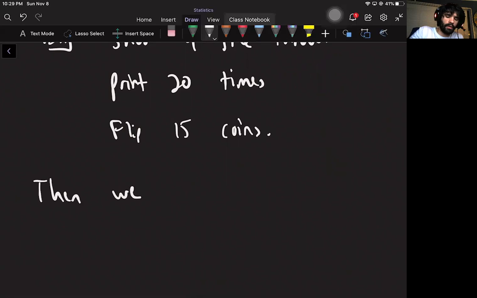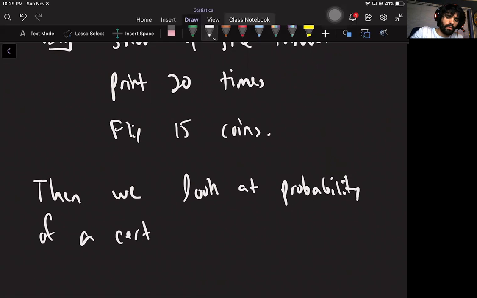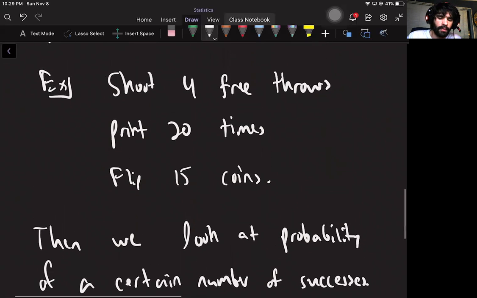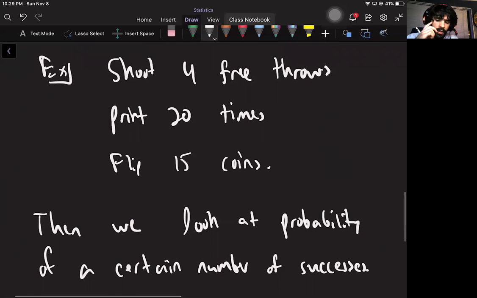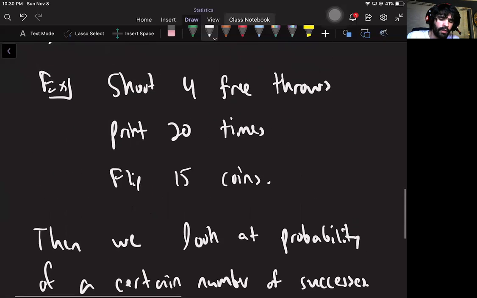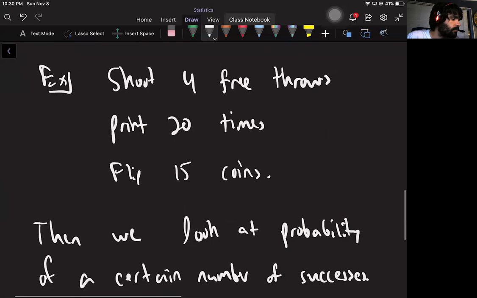Okay, so then we look at the probability of a certain number of successes. So if I shoot 4 free throws, maybe I want to know what's the probability of making 2, or probability of making 3 or 1 or all 4, stuff like that. If I print 20 documents, what's the probability that 15 of them actually print and 5 don't?